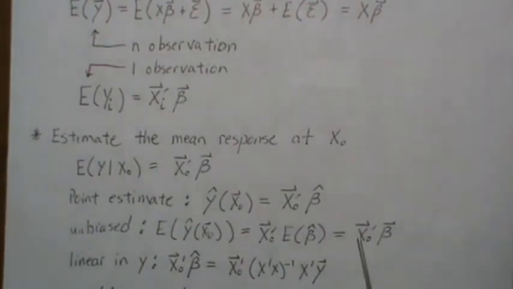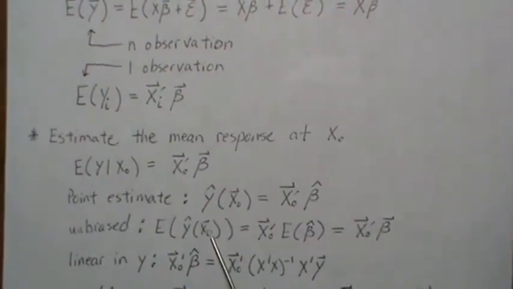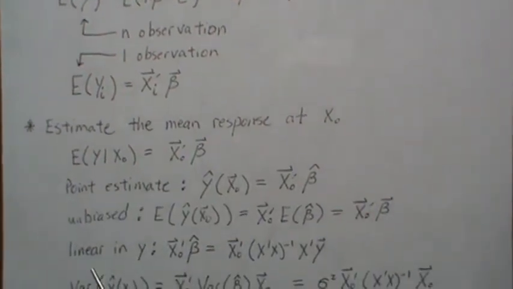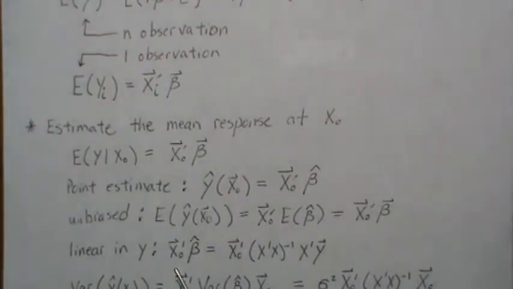Now notice that this is a number, right? The fitted value is a number. Of course, it's evaluated at x0. So this is a 1 by k plus 1 vector, and this is a k plus 1 by 1 vector. So the product is a 1 by 1 matrix, which is a constant. So it's linear in the y's.